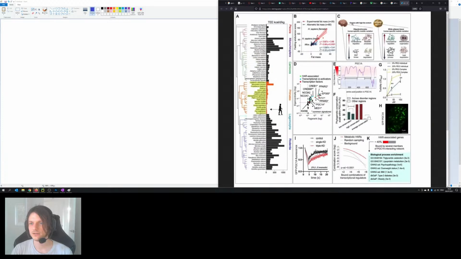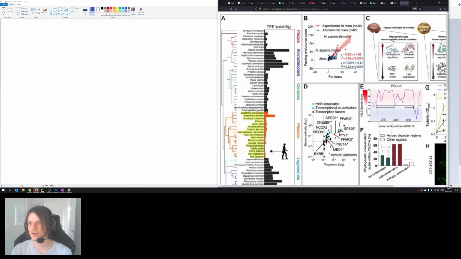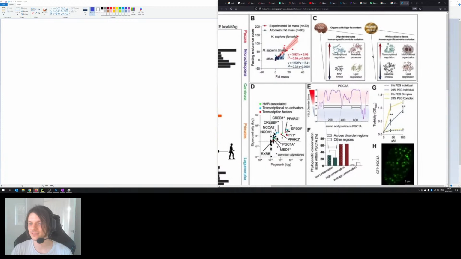C, organs with high fat content, human specific module variation, metabolic processes, transcriptional regulation, MAP kinase, lipid degradation, white adipose tissue, human specific module variation, transcriptional regulation, mitochondrial organization, catabolic process and lipid degradation.